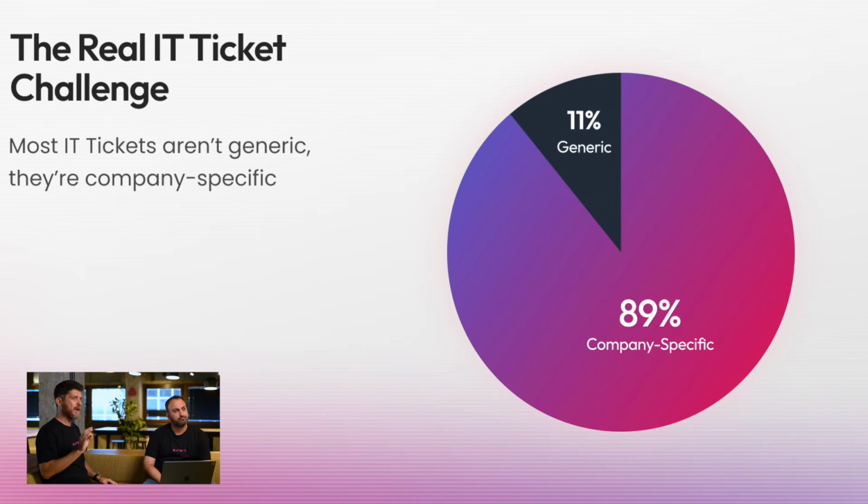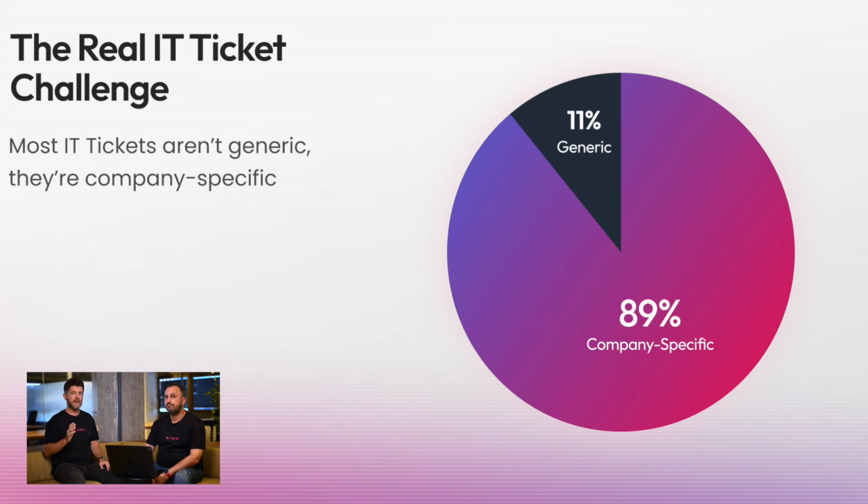So this is the promise. This is the magic trick we're going to unpack here today. You know, at Atera, we handle millions of tickets per month. We analyzed hundreds of thousands of them and found a very interesting piece of data. The majority, around 89%, require some sort of customization to be solved. What this means is these are tickets that refer to internal terminology.